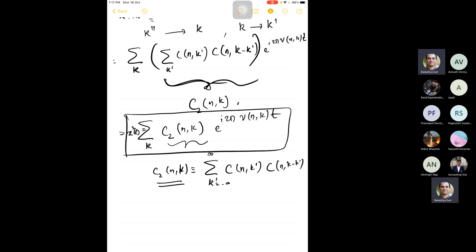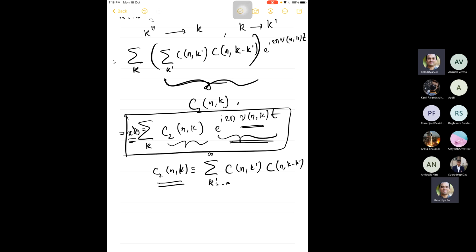That is the definition of C2. But more importantly, this x squared also has the same Fourier components. This was the entire basis on which we said that if you have a periodic process with a certain fundamental frequency nu naught and higher harmonics, all processes related to this variable will have the same Fourier series, and therefore the energy emitted will also have the same Fourier components. This is the same logic, right? So the Fourier components in this x squared variable will also be the same.